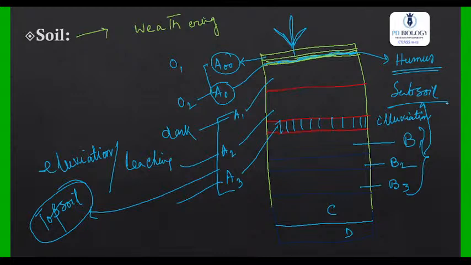It is also divided into B1, B2 and B3. B1 is dark colored. B2 contains organic nutrients, and B3 is the transitional horizon between B and C. And C horizon is an irregular shape of rock fragments.